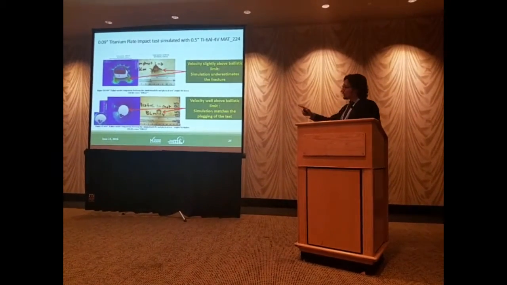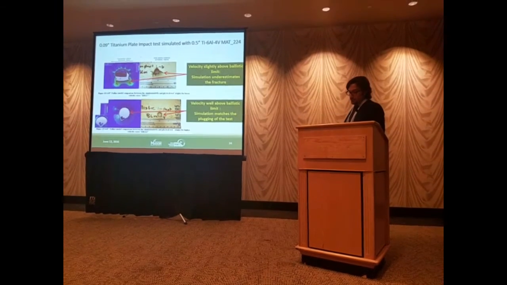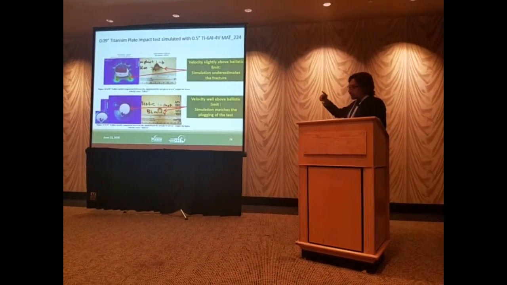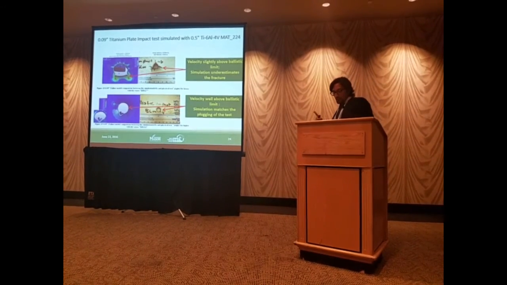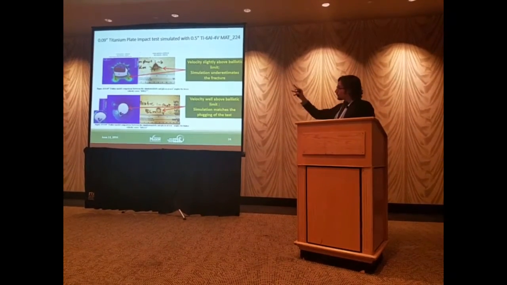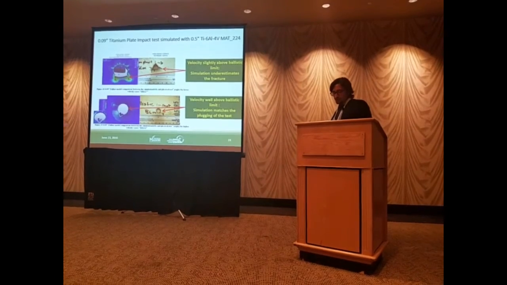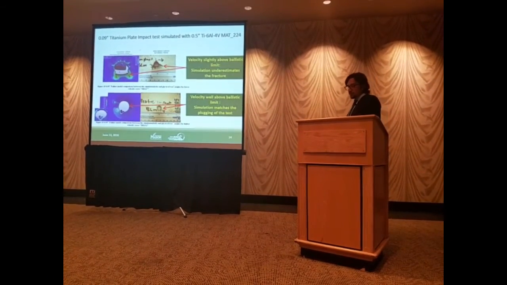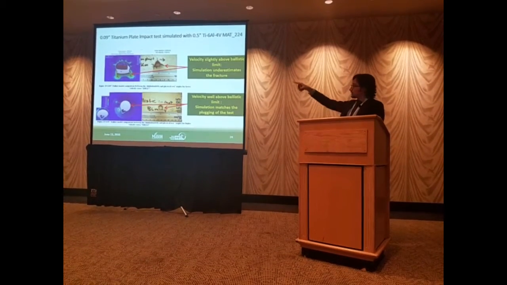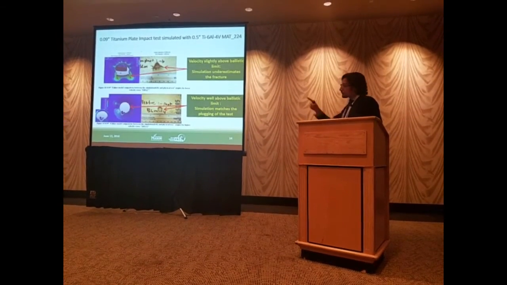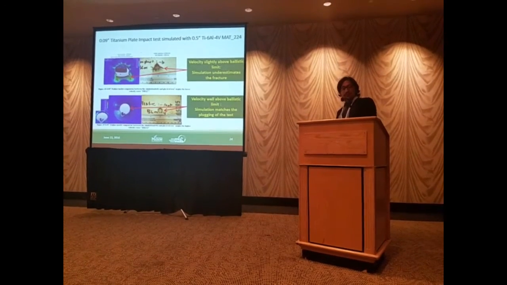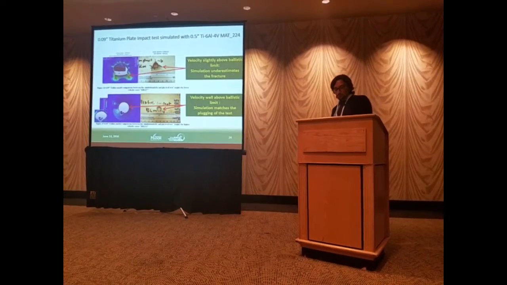So we can see the test failure mode compared with the simulation, and on the top we have a low velocity, and at the low velocity the failure is predominantly fracture mode. And in the simulation, we don't predict the same tearing fracture mode. And this is the reason for the underestimated ballistic limit.